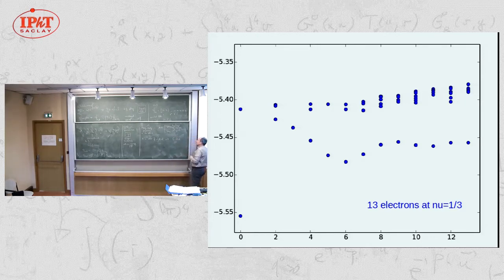You should have at least several patches with different vector potentials defined in several patches. This was clarified by Wu and Yang in a very famous series of papers, and they show that you just need at least two: a vector potential defined on the northern hemisphere and a vector potential defined on the southern hemisphere.